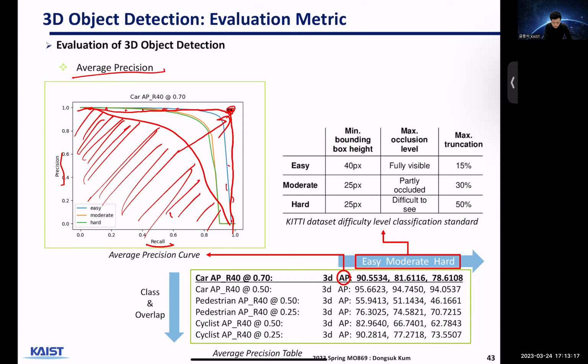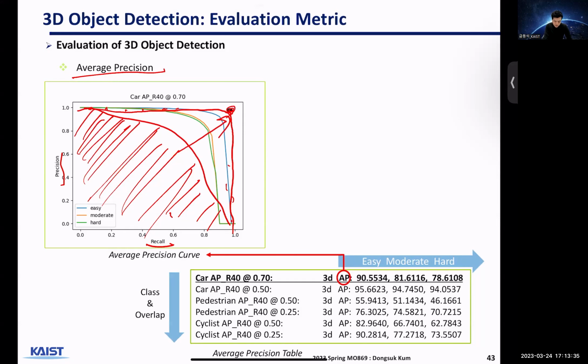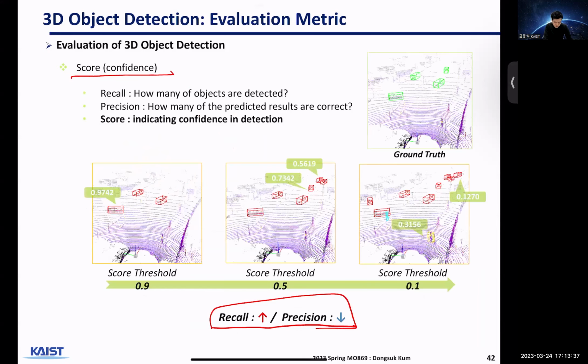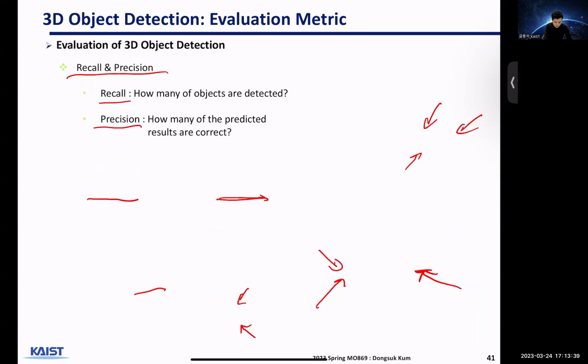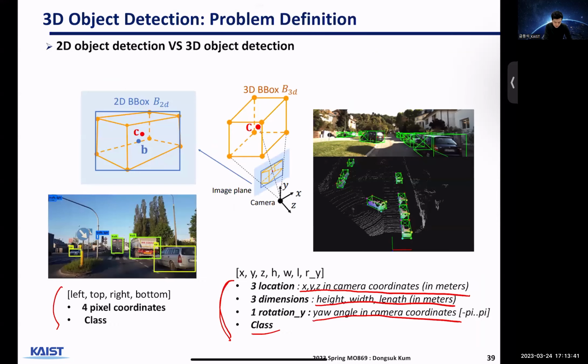And for KITTI data, there's easy, moderate, hard. For nuScenes, you have one more threshold value for computing precision recall. That is, you need one more threshold value to, where is it?